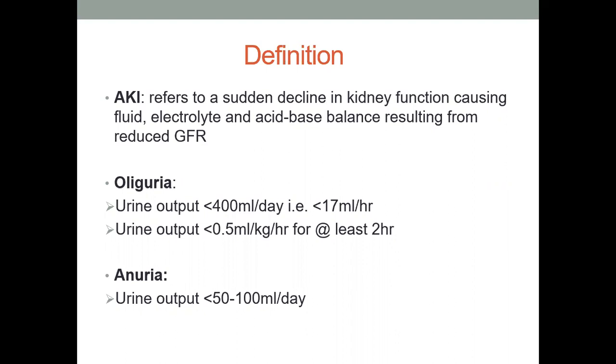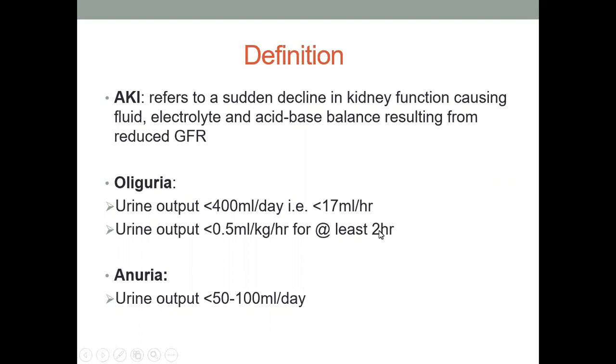So when we say a patient is oliguric, what do we mean? It means that the patient is producing less than 400 ml per day. If we break it down, that means urine production per hour is less than 17 ml. The common definition we are used to is less than 0.5 ml per kg per hour for at least 2 hours. And this is important.